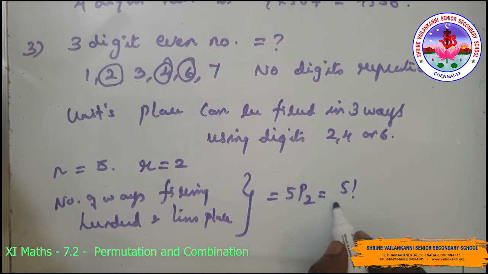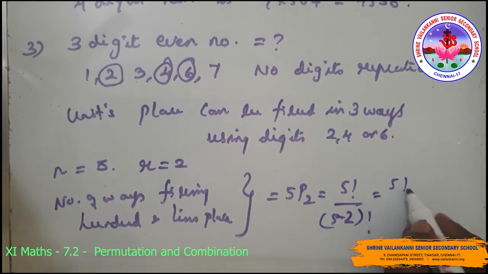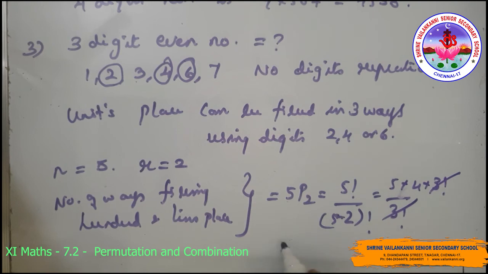So 5 factorial by 5 minus 2 factorial, which is equal to 5 factorial by 3 factorial. So 5 factorial is 5 into 4 into 3 factorial, 3 factorial will get cancelled. 5 into 4, which is equal to 20.